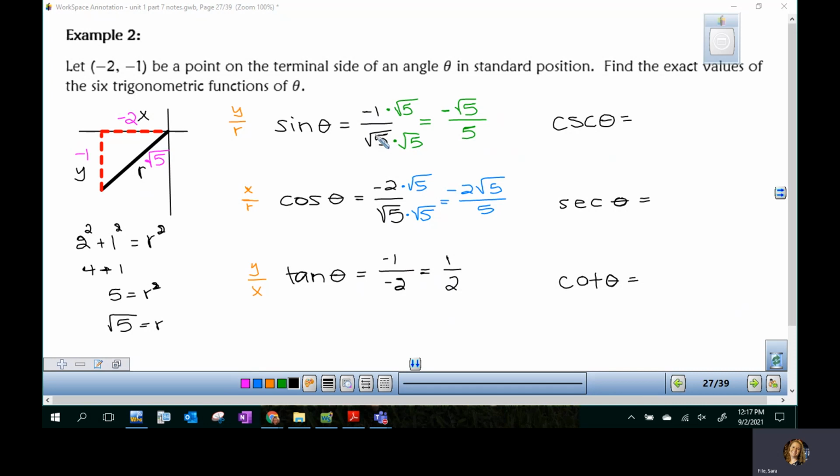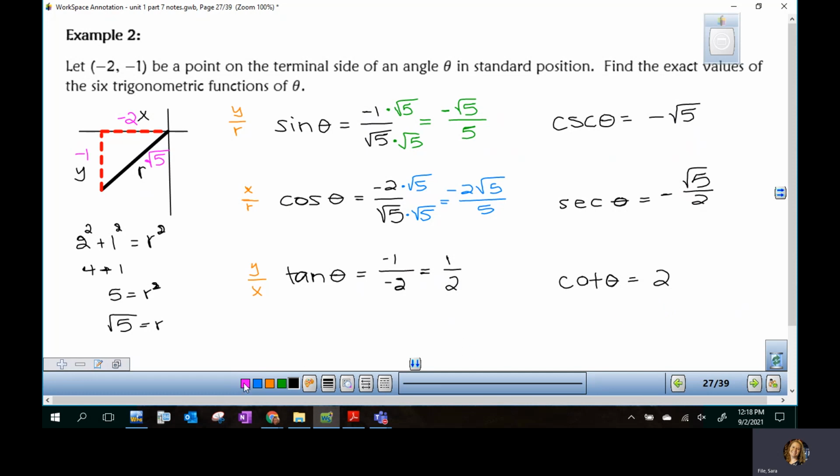So it's just going to be negative root 5, because the 1 goes to the denominator. You don't have to have a 1 as a denominator. That's understood. If you want to put over 1, that's fine. It's just not necessary. So this is going to be negative root 5 over 2. And what's the reciprocal of 1/2? Just a 2. You can put over 1 if you like.